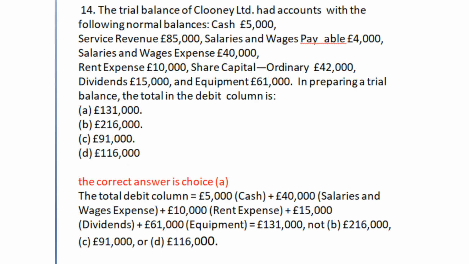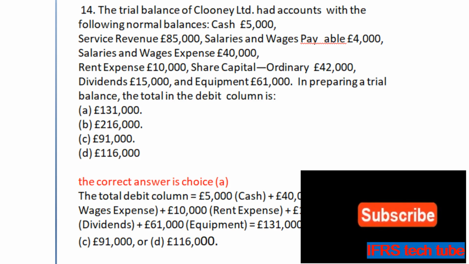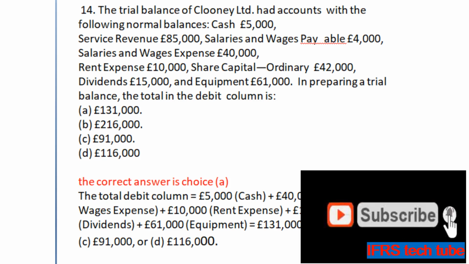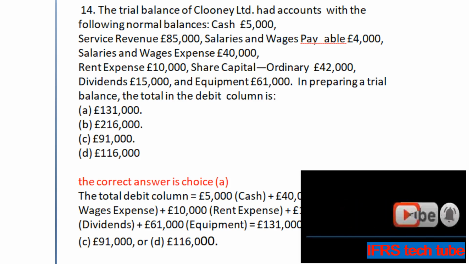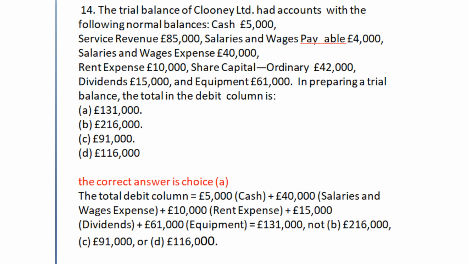Question 14. The trial balance of Clooney Limited had accounts with the following normal balances: cash £5,000, service revenue £85,000, salaries and wages payable £4,000, salaries and wages expense £40,000, rent expense £10,000, share capital ordinary £42,000, dividends £15,000, and equipment £61,000.